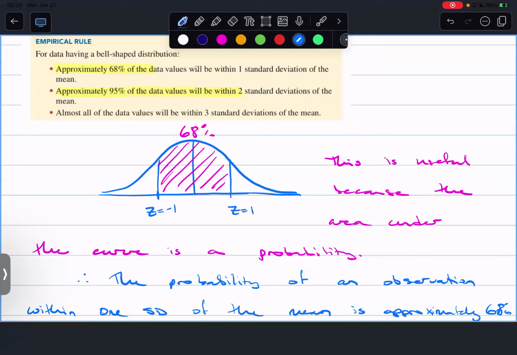In fact, as a rule, 99.7% of the data is going to be within 3 standard deviations. So then another way that you could identify outliers is if a value is more than 3 standard deviations away from the mean, then it's an outlier.